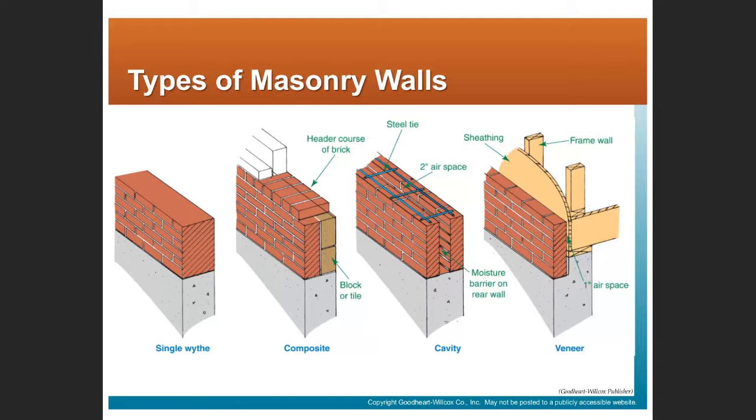A lot of different ways that masonry walls can be put together, right? Either a solid brick wall or a composite or brick and block, or a cavity wall or brick veneer. I think some of the structures we've looked at are brick veneer. So wood framing with a wythe of brick on the outside.